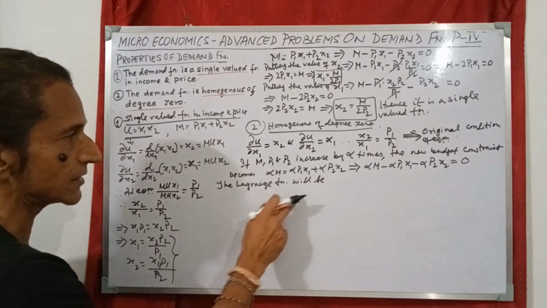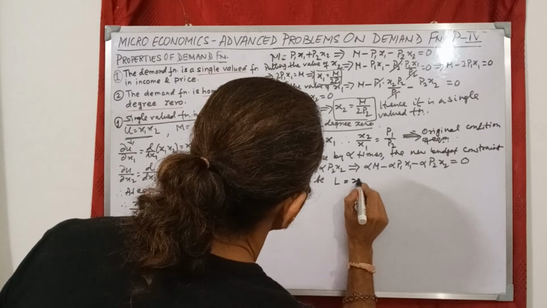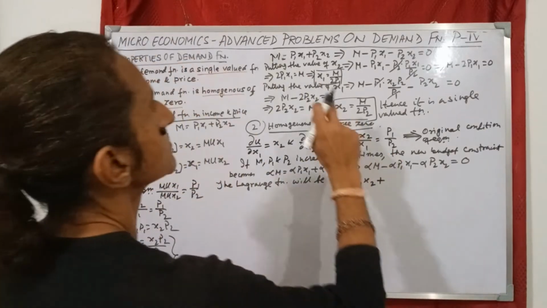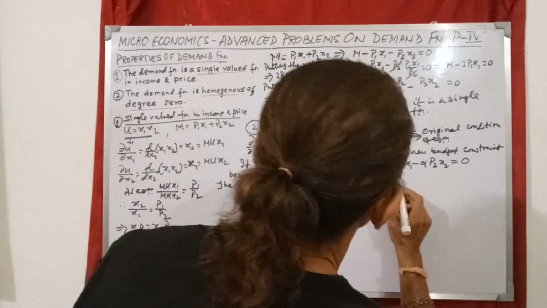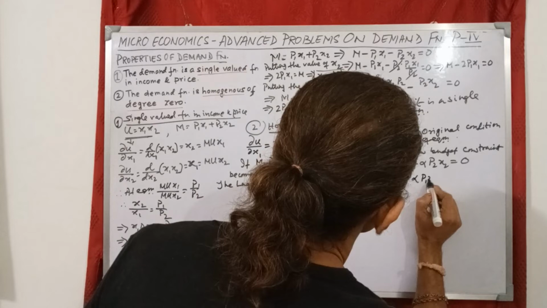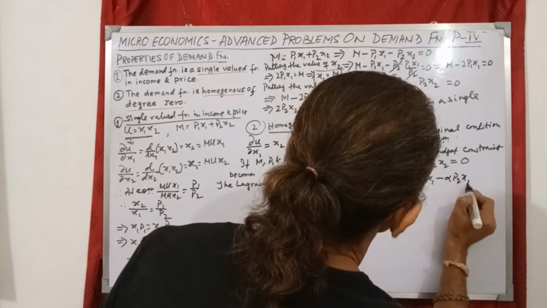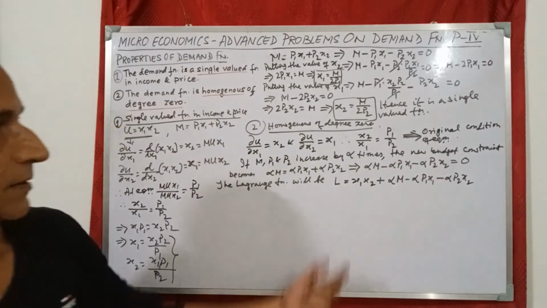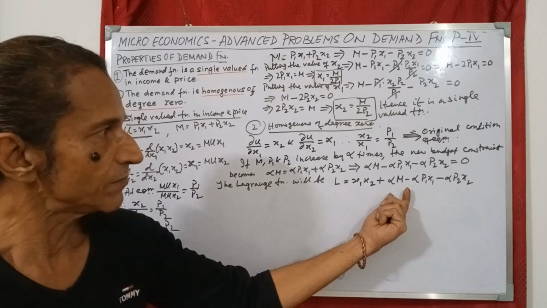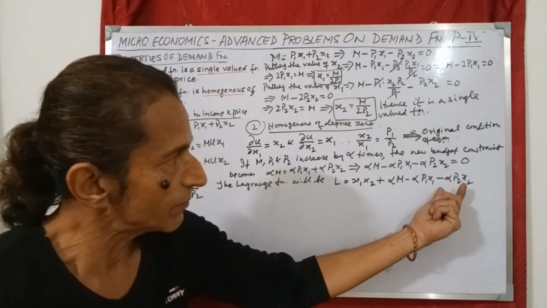So the Lagrange function will be L equals x1 x2 plus alpha M minus alpha p1 x1 minus alpha p2 x2.